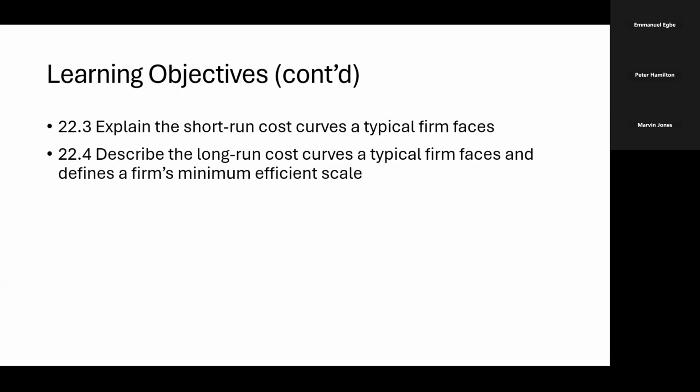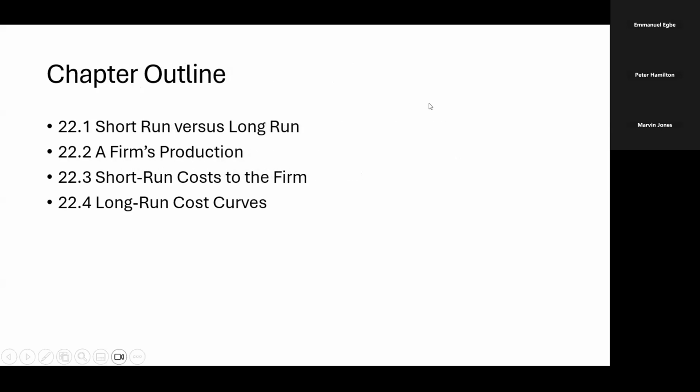Firms, because there are differences in circumstances, we will explain the difference between short-run cost curves that a typical firm faces. And we will emphasize the short run, but we will also talk about certain implications of the long run.